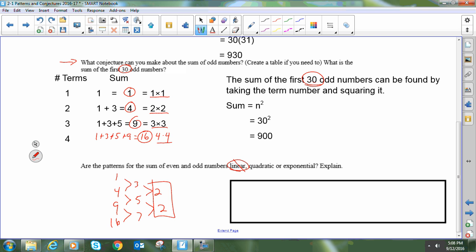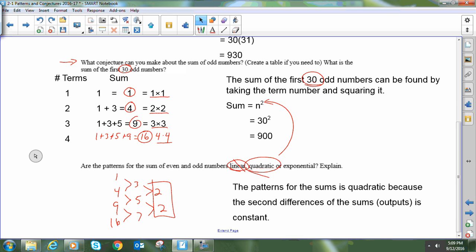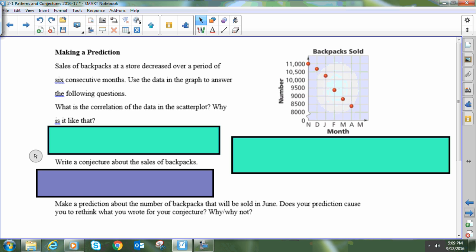So my second differences are constant, so that is a very clear indication that that is a quadratic expression. And the fact that we're saying something squared also very much tells me that it is a quadratic expression. So the pattern that we're seeing here is definitely quadratic. All right, we'll go ahead and include this last bit here.